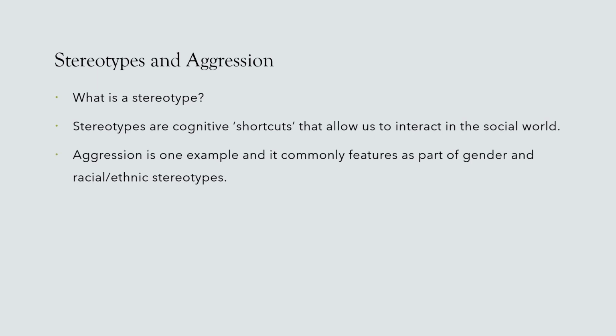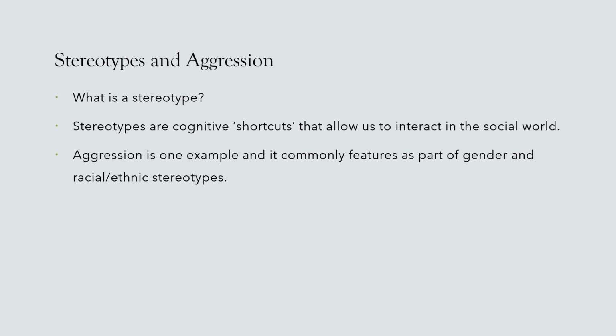Aggression is one example, and it commonly features as part of gender and racial ethnic stereotypes. So when we just looked at gender norms, we said that stereotypically men are more aggressive. So when we see maybe a male walking alone in the street, we might instantly think that they're going to be aggressive.